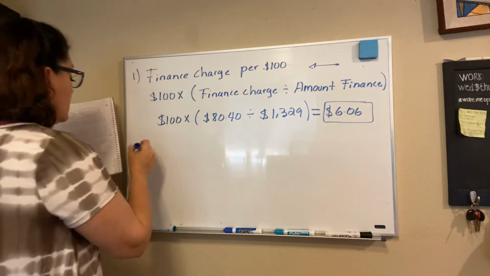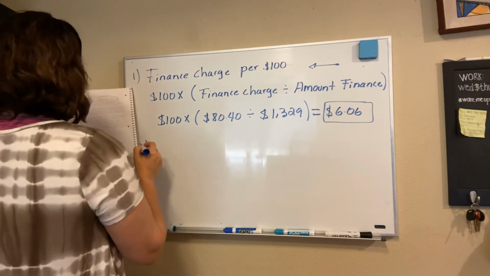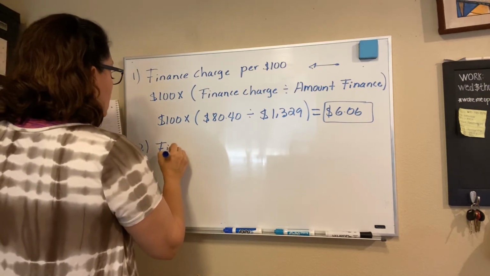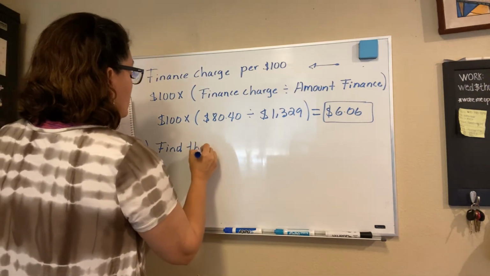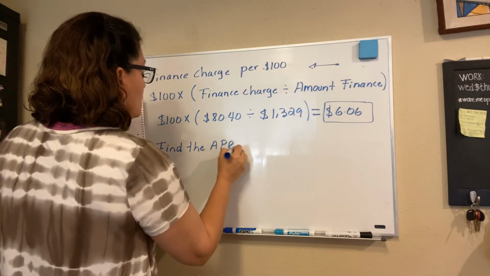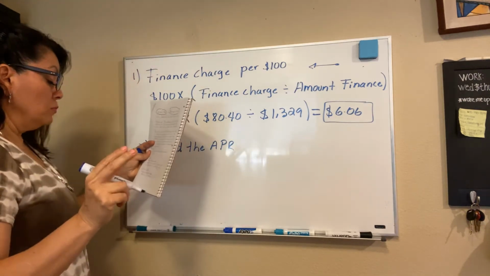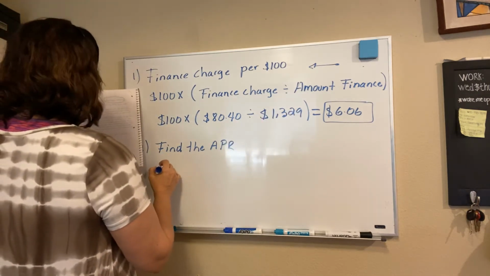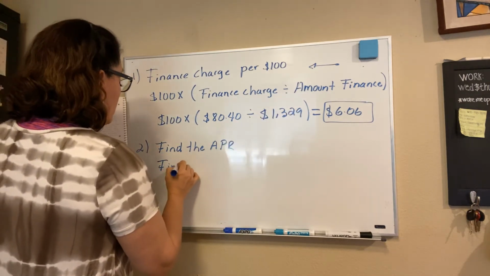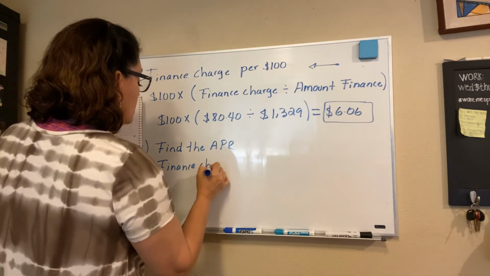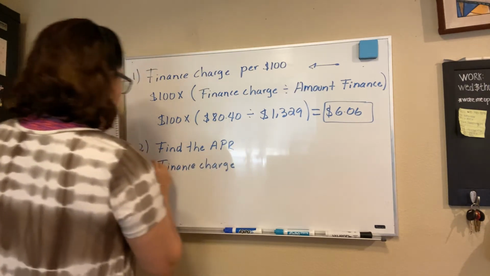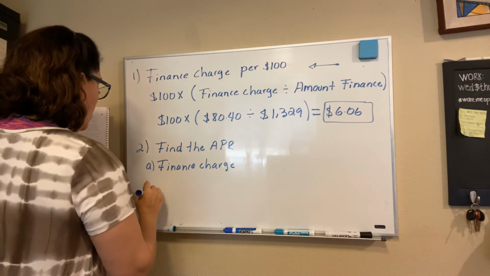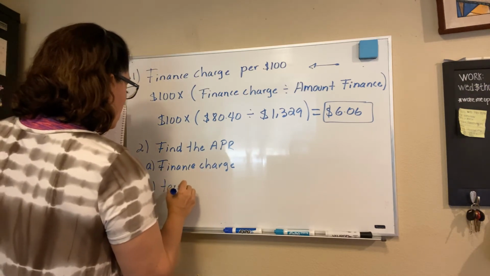The second, I'm going to use the table to find the APR. So I'm going to need two things to find the APR. First is the finance charge, and second, or B, I'm going to use the term.